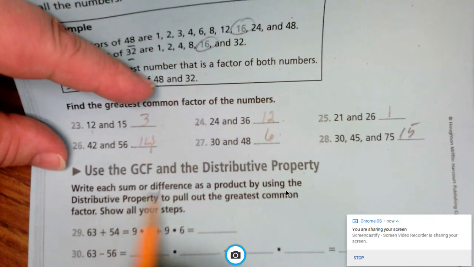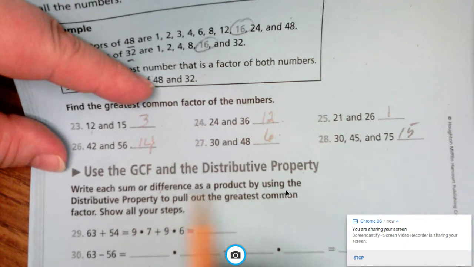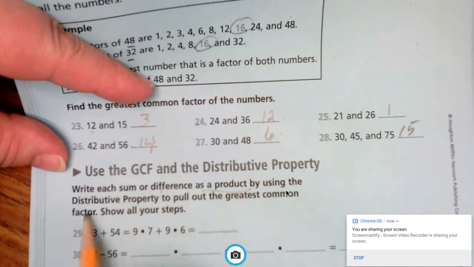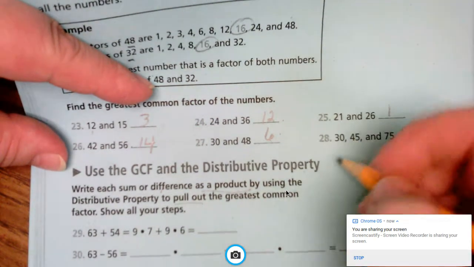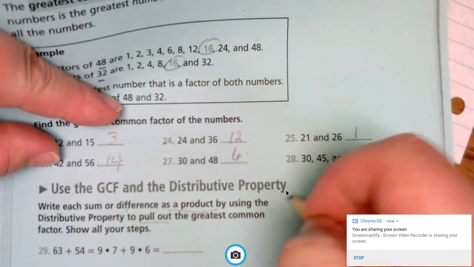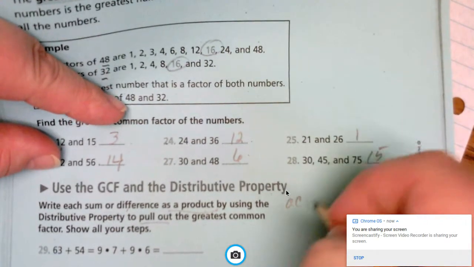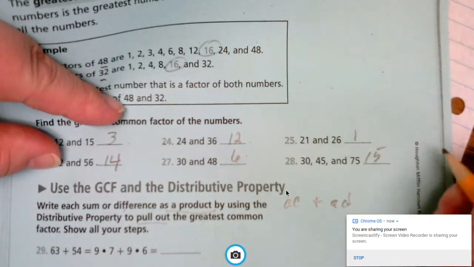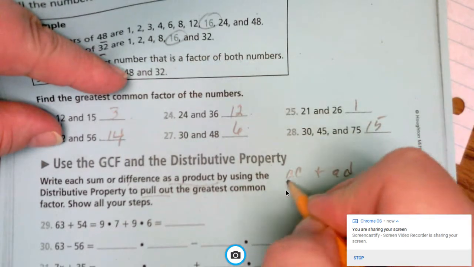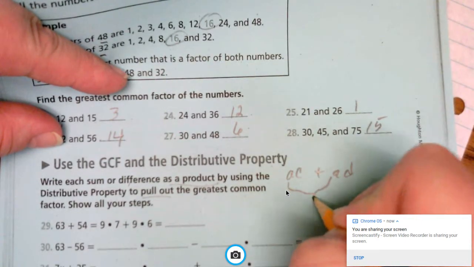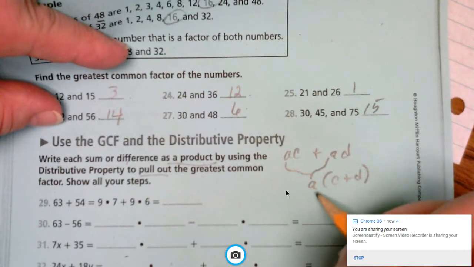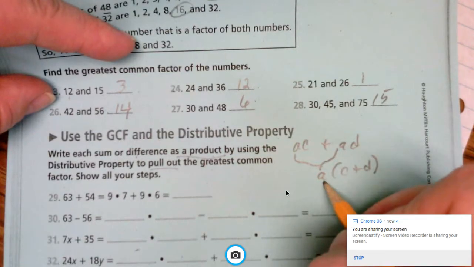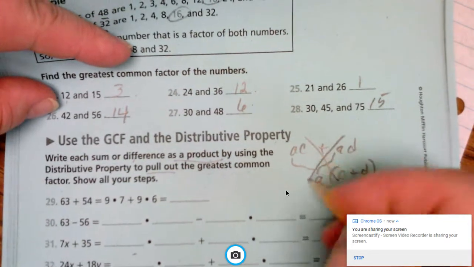Okay, here's where it gets a little tricky. You're going to write each sum or difference as a product. First, we're going to write them as a product by using the distributive property to pull out the greatest common factor. So instead of pulling out the variable that they would be sharing, let's say it was AC plus AD, instead of pulling out the A and just saying A times C plus D, this time we're going to pull out a common factor, the GCF, okay?